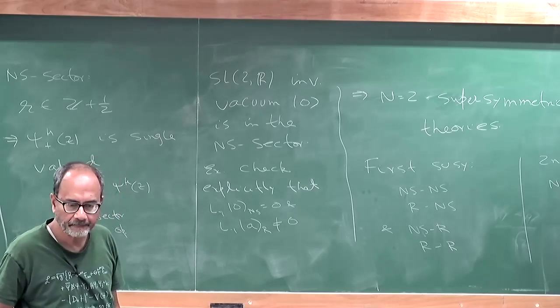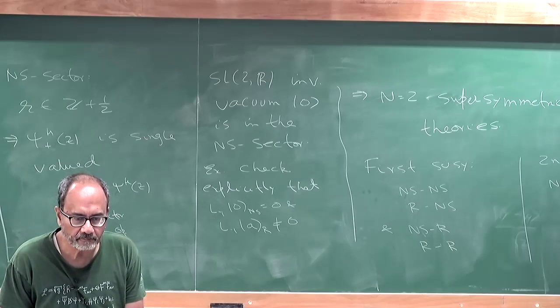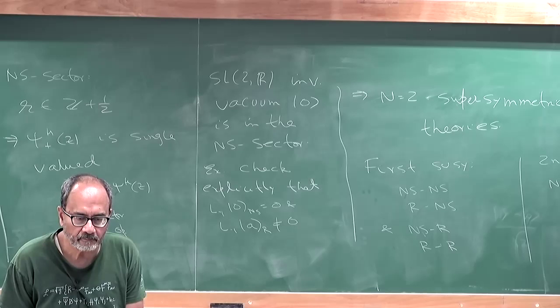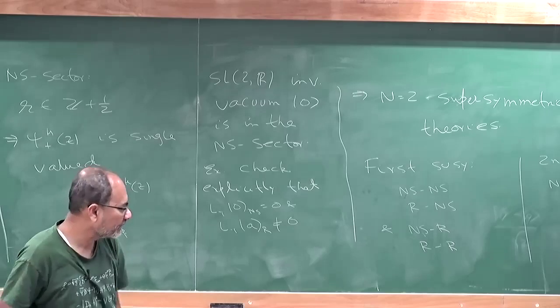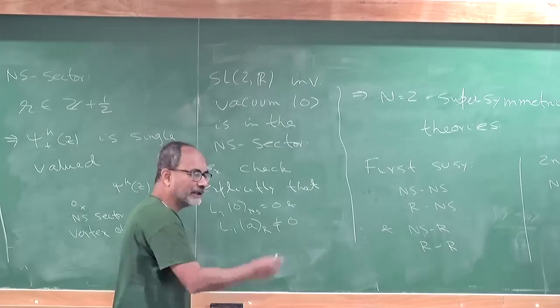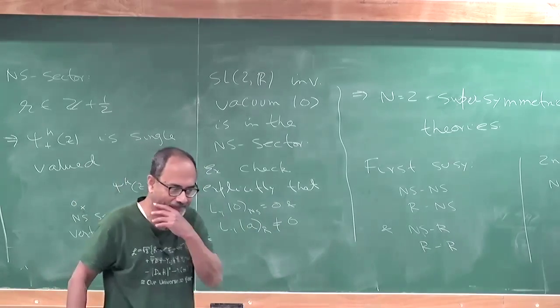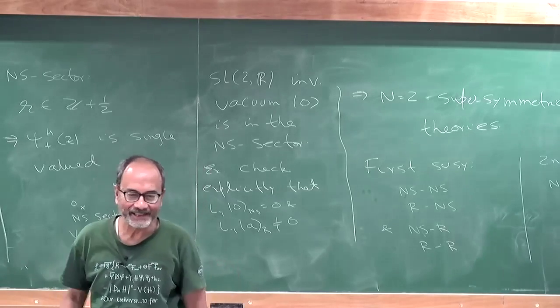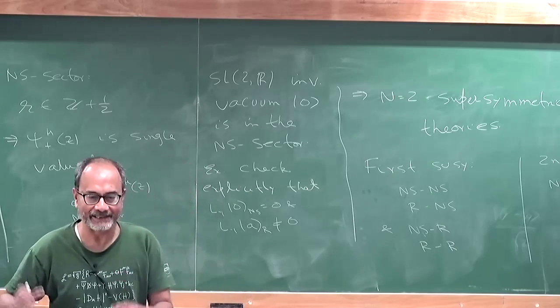Why do we call it SL2R? Isn't it SL2C? Okay, let's call it SL2C. If you use only the left sector, then it is SL2R. If you take the product of left and right, then it becomes SL2C.